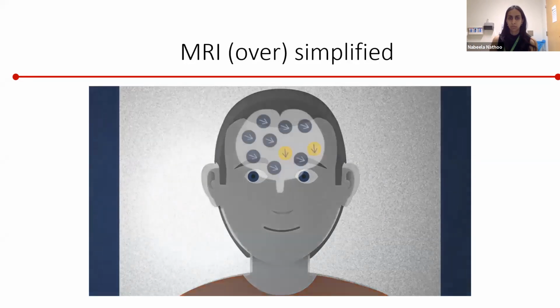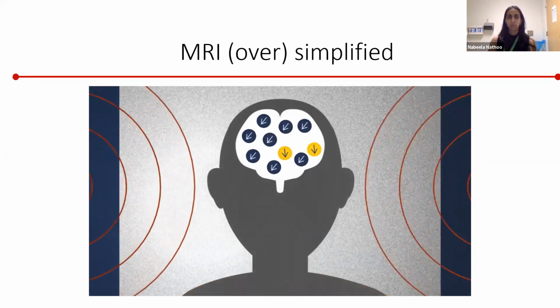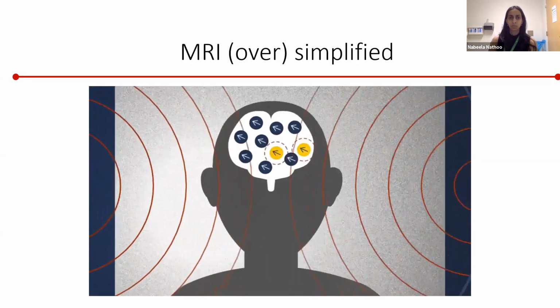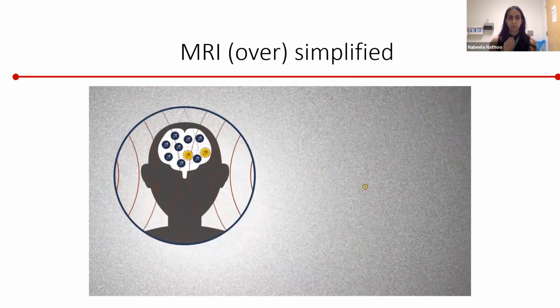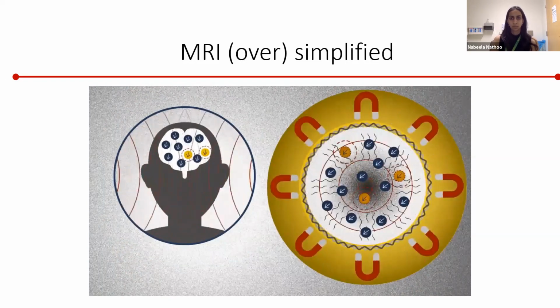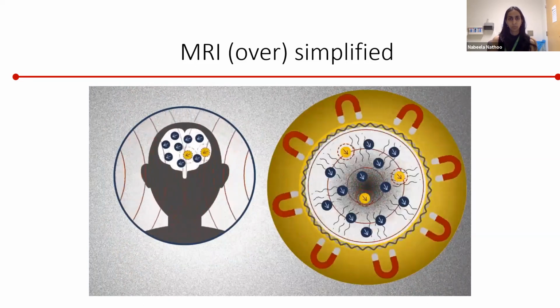Radio waves move at the same rhythm or frequency as the magnetic fields in an MRI machine. By sending radio waves that match or resonate with the magnetic field, the low-energy water molecules absorb the energy they need to move alongside the magnetic field.